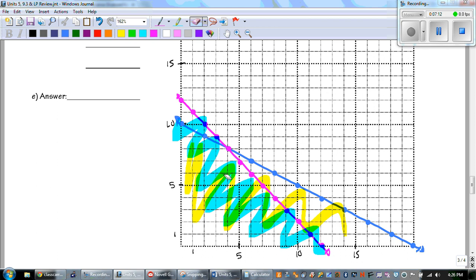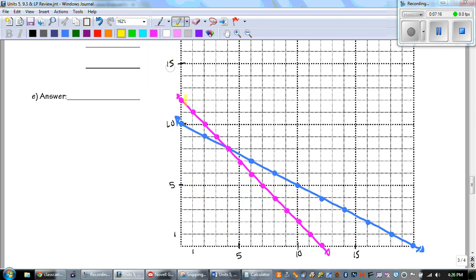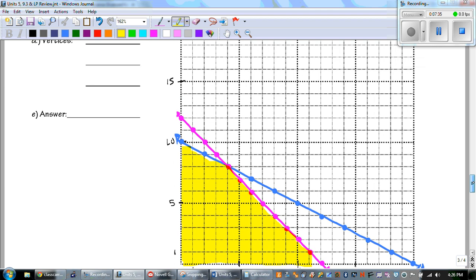I'm going to end up shading where the green kind of comes in, so this bottom part right here. All right. So we shade here to here, and there we go. So there is my shaded portion.